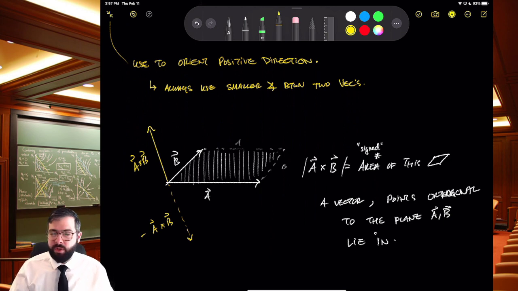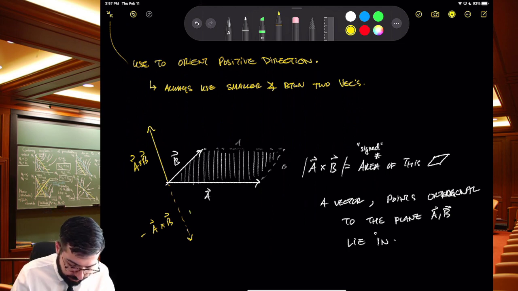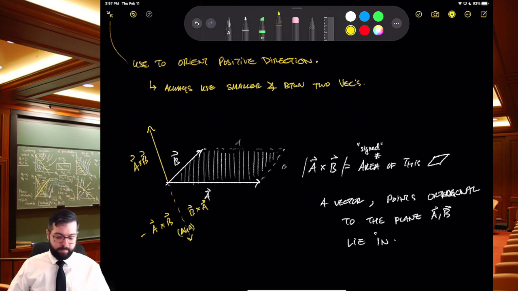So if you switch the order of A and B, it actually goes in the opposite direction. Okay, so this is also B cross A. So there's like a little AKA here. So depending on how you're oriented, just kind of keep that straight and just be aware that's something you need to know, that it will have a sign.